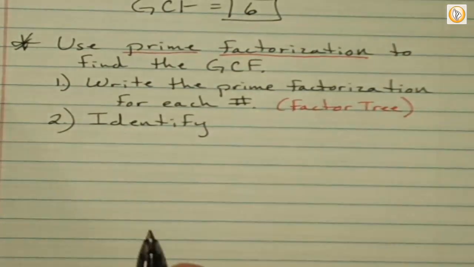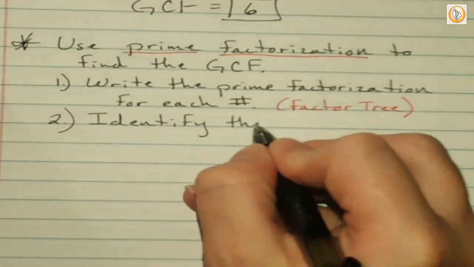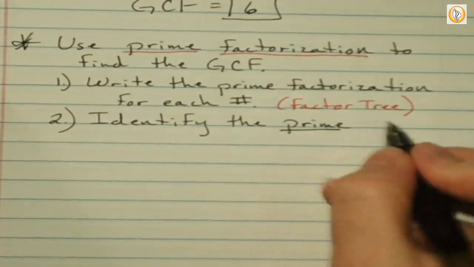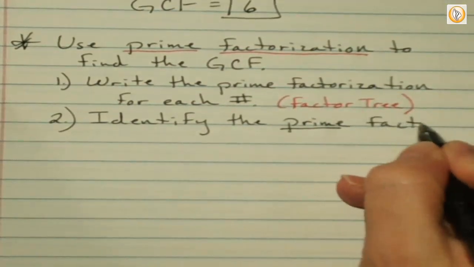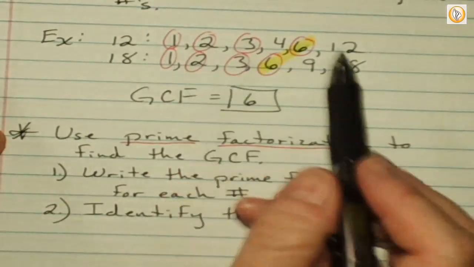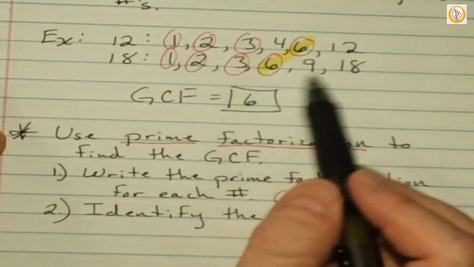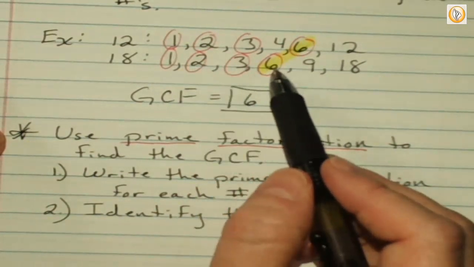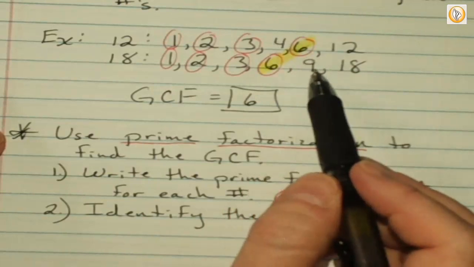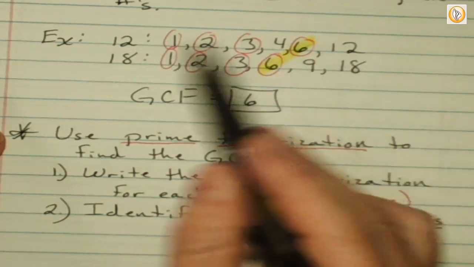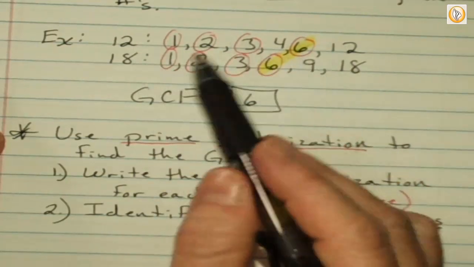All right, step 2, identify the prime factors. Are these all prime factors? No. This is not prime. 4 is not prime. 9's not prime. 12's not prime. These are factors of the number.